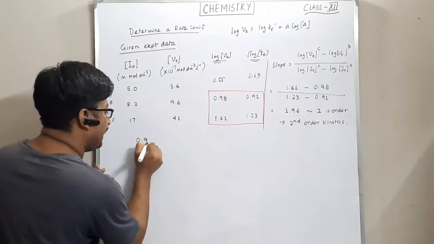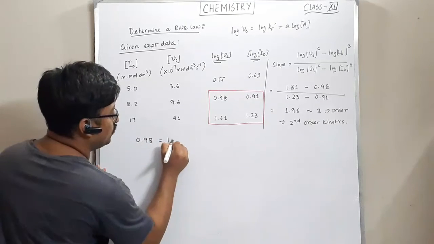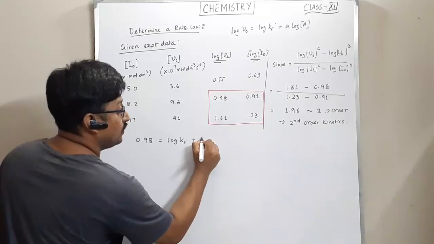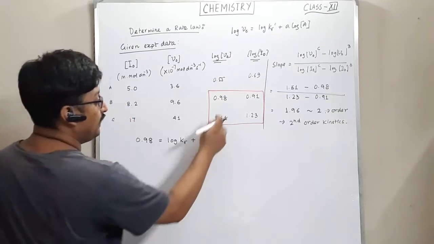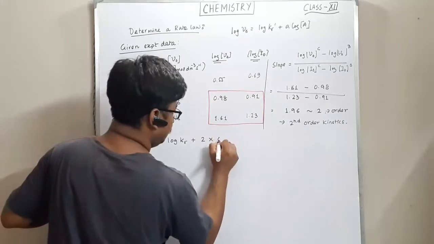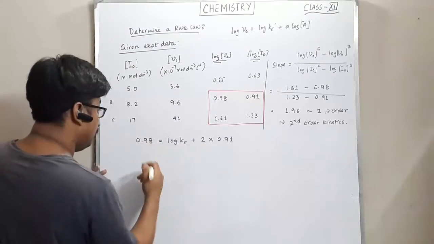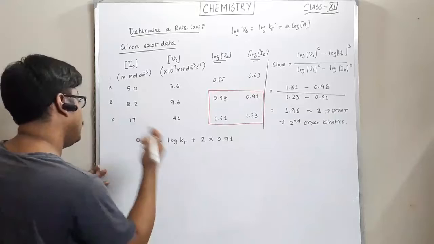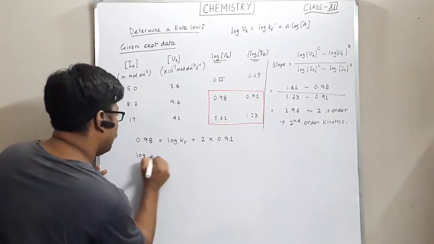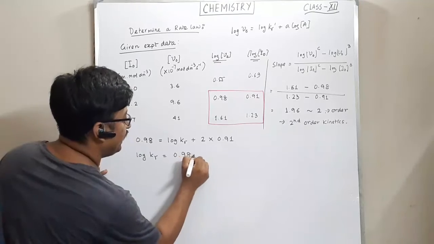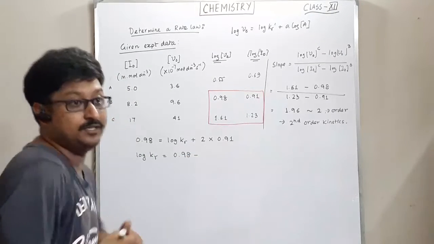We can write 0.98 is equal to log of Kr plus 2 multiplied by 0.91. Let's take it to this side. So log of Kr will be equal to 0.98 minus, where is my calculator?